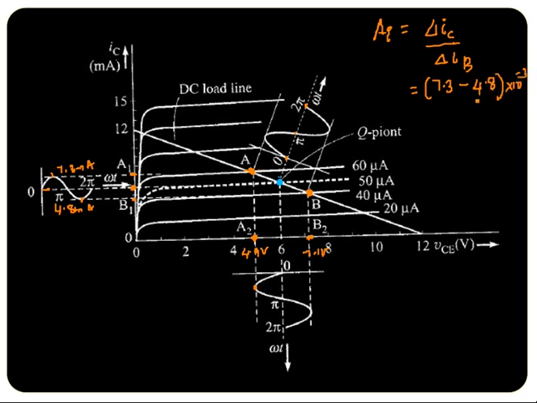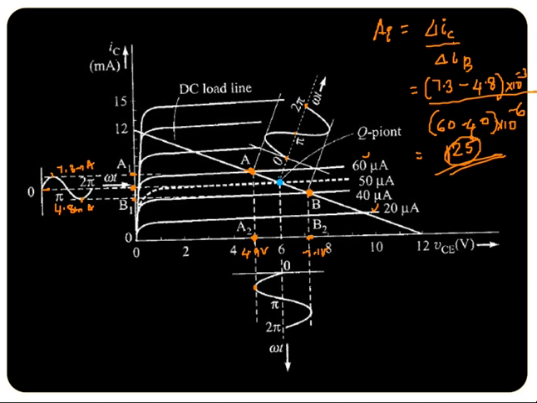And what about the change in base current? It is changing from 60 microampere to 40 microampere, so it is 60 minus 40 into 10 raised to minus 6. So you get the current gain as around 125. This is the current gain of this particular common emitter amplifier.